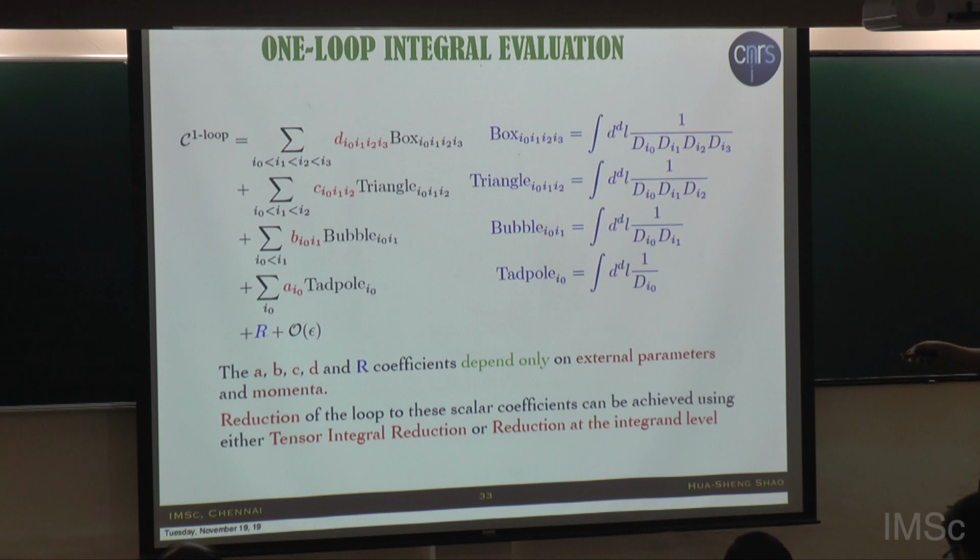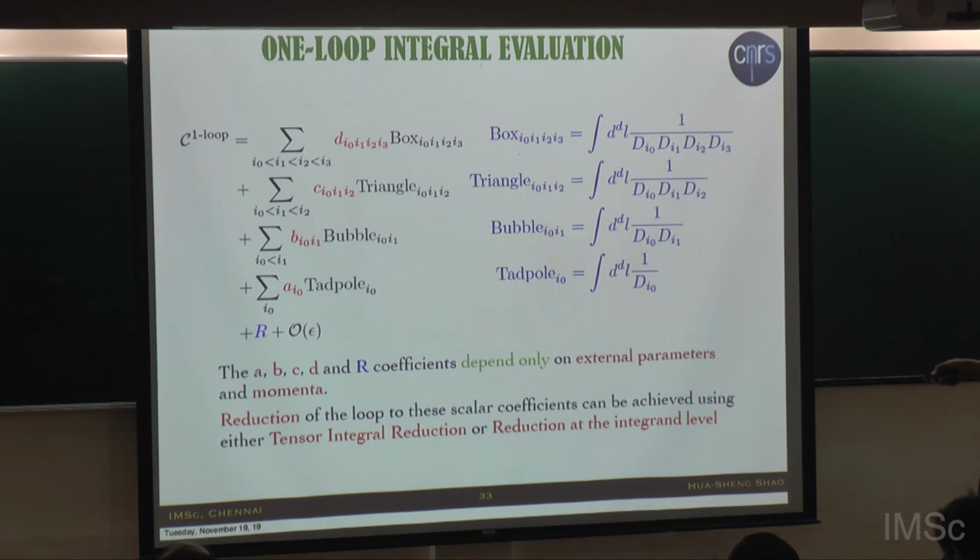And of course, I neglected the O(epsilon) terms. So A, B, C, D are coefficients, but they no longer depend on the loop momentum, only on external parameters and external momenta. And the rational term is just a rational function of the external momenta and parameters. So this is the reduction of the loop to the scalar integrals.